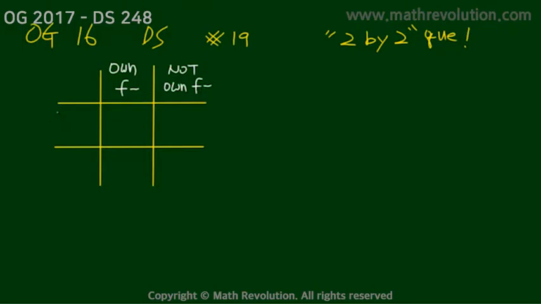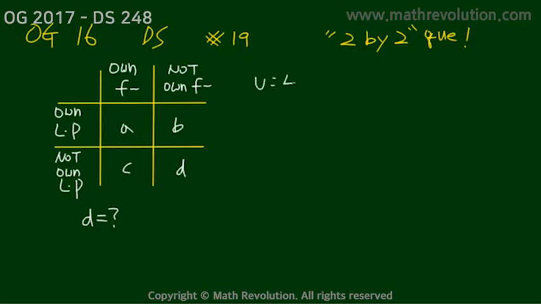And the first row would be for those who own laser printer. And the second row would be for those who do not. And I'm going to designate each box as A, B, C, D. And the question is, basically, what is D?